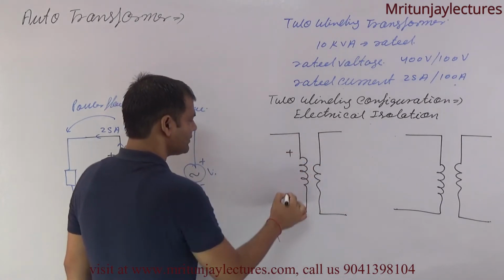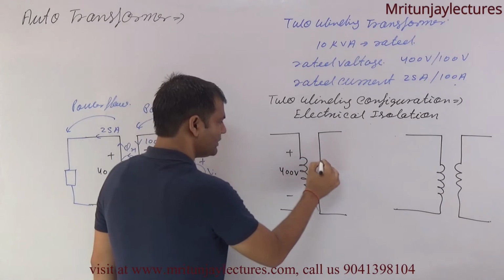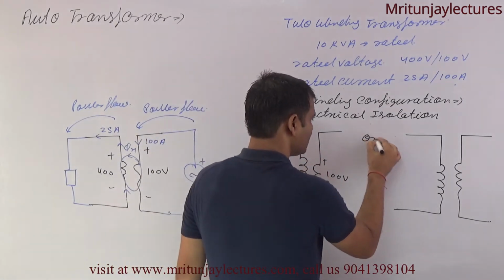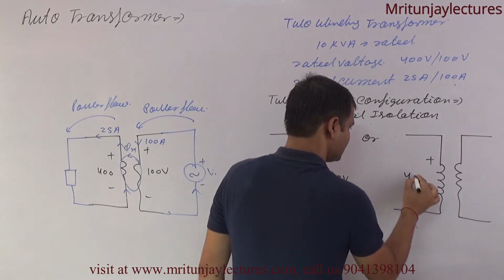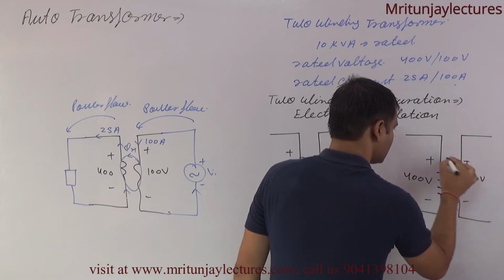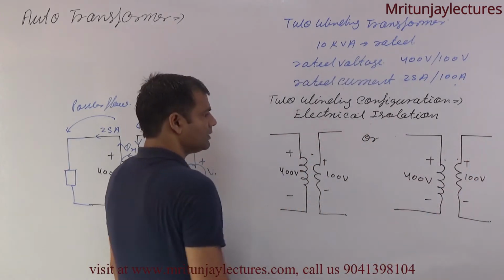If VA rating 400 volt and plus minus, that is 100 volt, are represented like this one, that is 100 volt. Okay.